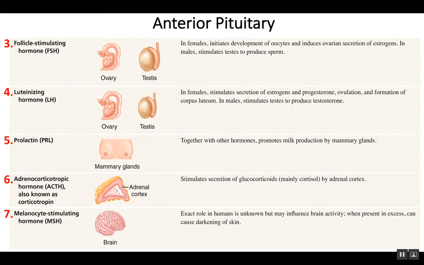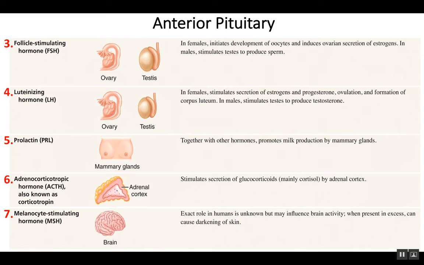There are kits that can be purchased that measure high levels of LH, and therefore it can tell the female when she is ovulating. In males, this hormone also stimulates the testes to produce testosterone, and then testosterone helps stimulate sperm production.